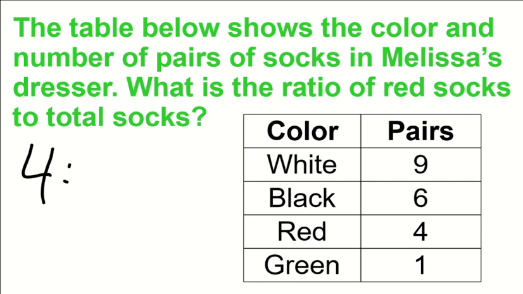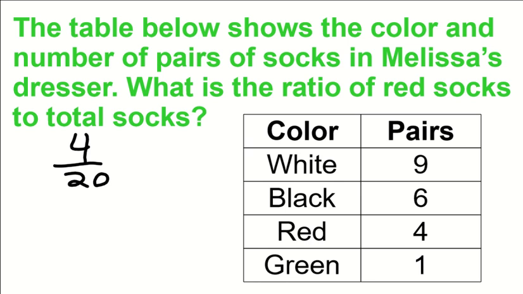So we got 4 to 20. All right, it's red to total. The total means we're going to have to count up something or add up something. Now, if I wrote that as a fraction, it'd be 4 over 20, right? What could you do to that fraction? Simplify it. Ratios work the same way, okay?